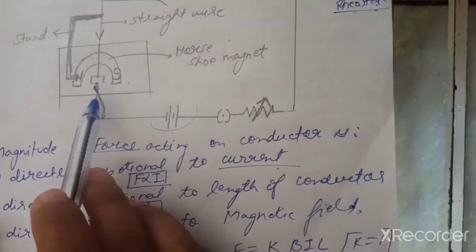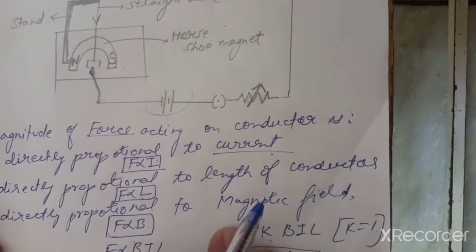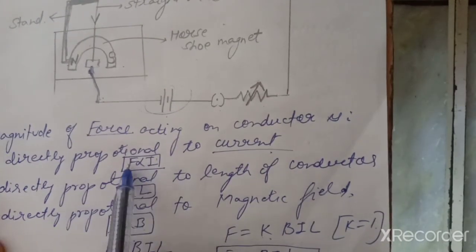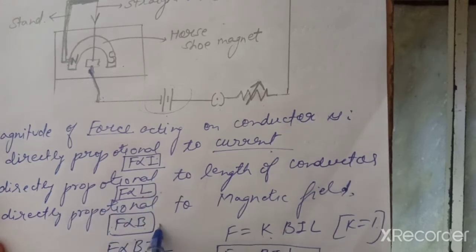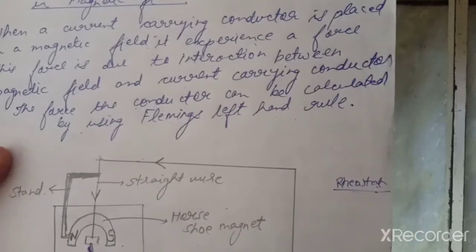This force depends on three factors: it is directly proportional to the current, to the length of the conductor, and to the magnetic field.